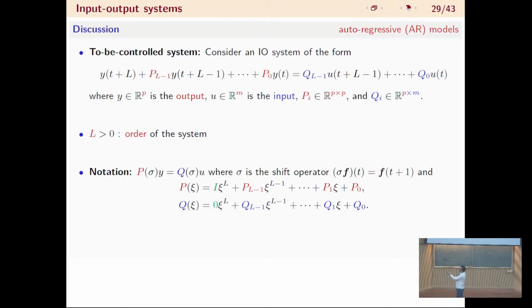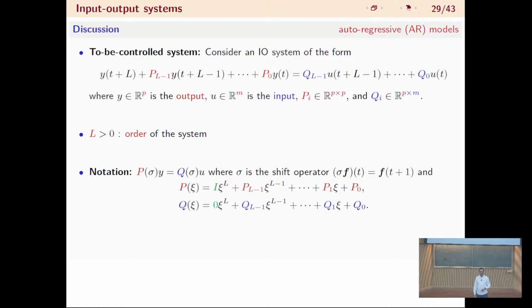So if you look at P, for instance, sigma to the power L means that you have to shift L times, which is going to produce y(t+L). And then this says you have to shift L minus 1 times. It's going to produce this thing, and the coefficient is the matrix P_{L-1}.